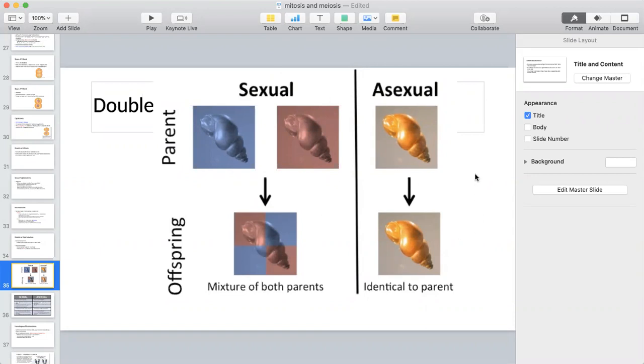In contrast, asexual reproduction is that the parent cell and the offspring that's going to be created is going to be identical to the parent cell. So if I showed you some schematics or gave you some scenarios, you should be able to apply this information in terms of what's happening during sexual and asexual reproduction. What are the outcomes?